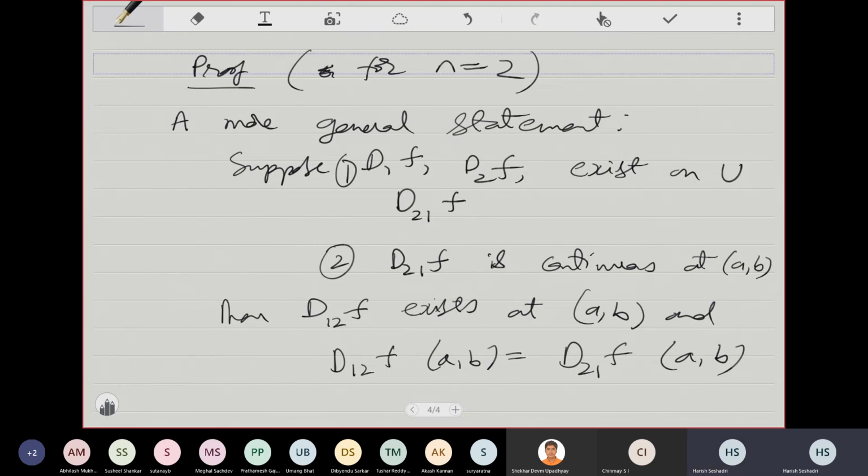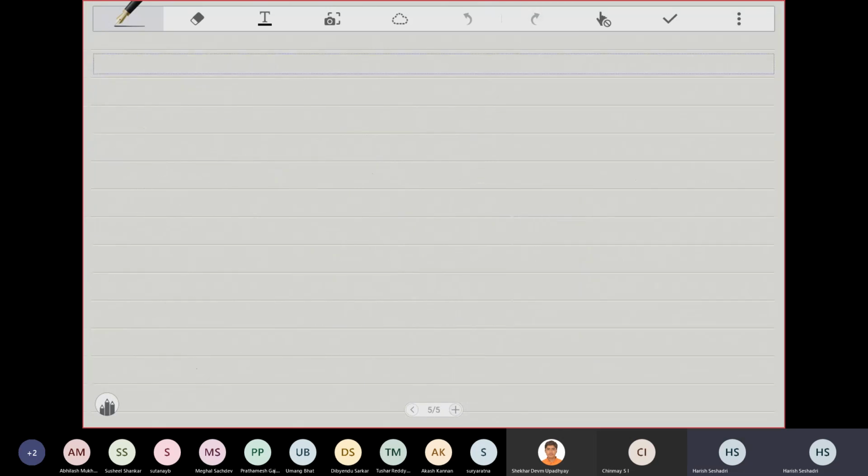Moreover, this is a pointwise statement. Here I'm assuming that D21 is continuous only at (a,b), then the statement is true at (a,b). But these are minor technical points. For all practical purposes, assume that f is C2.